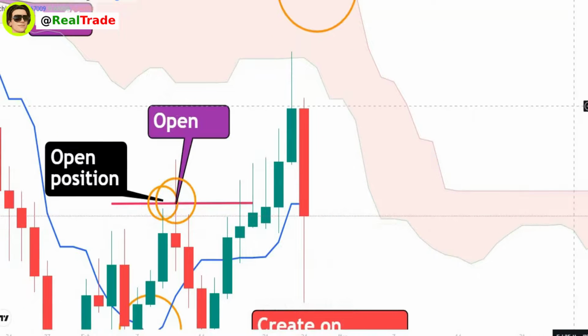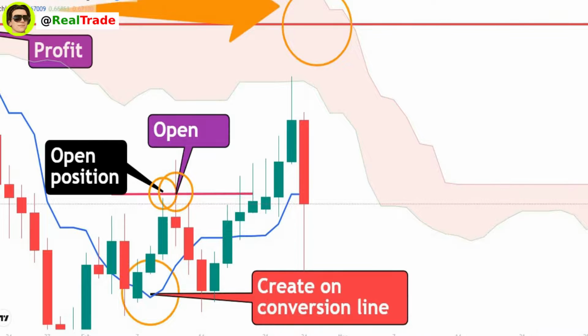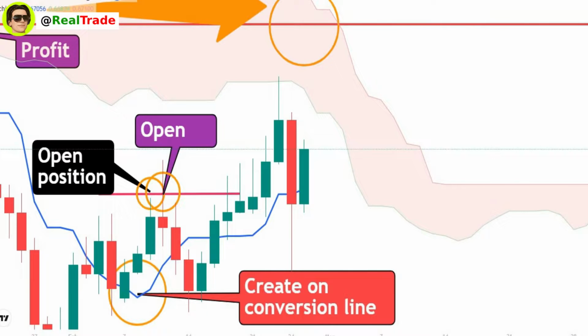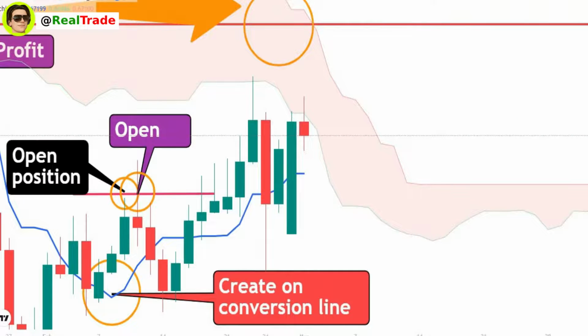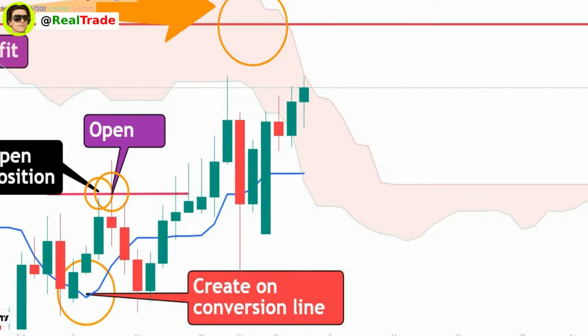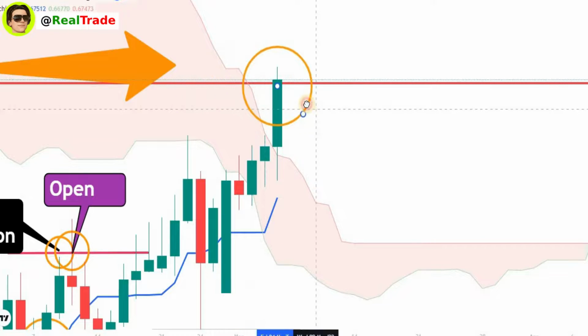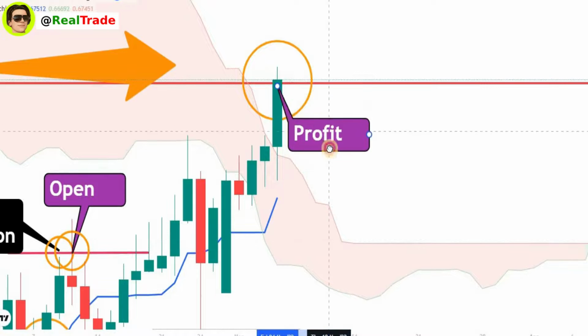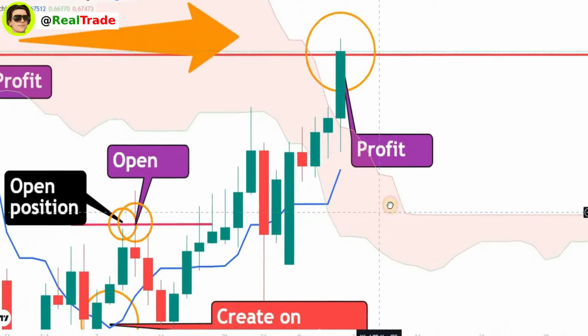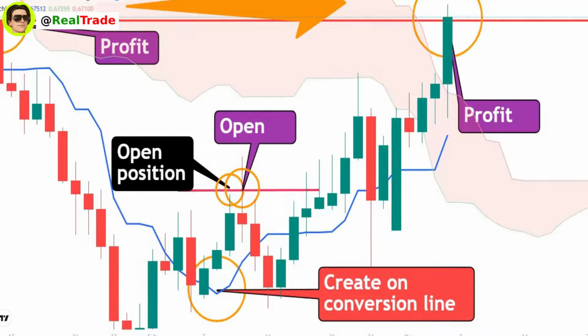Focus on the charts. Continue. Yes, this candle, profit. Take a profit. The best strategy. Great position.